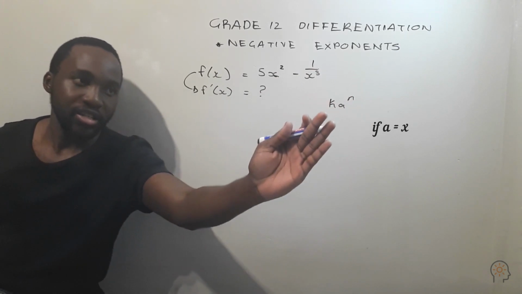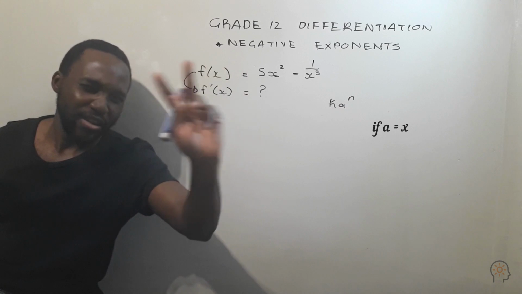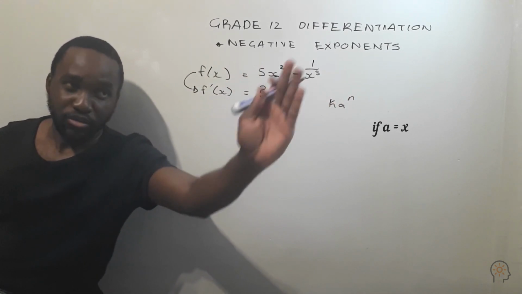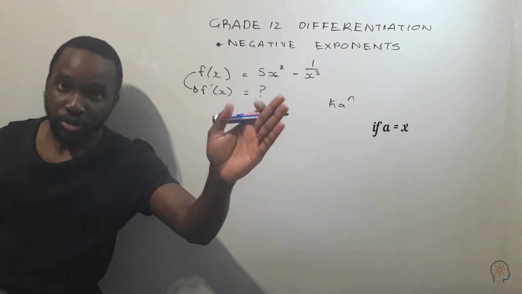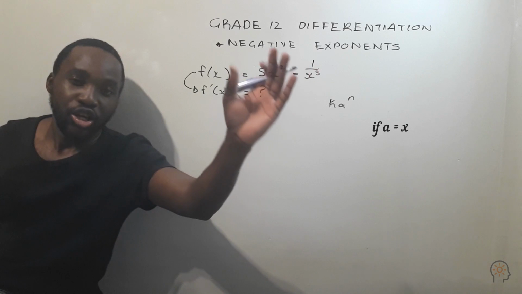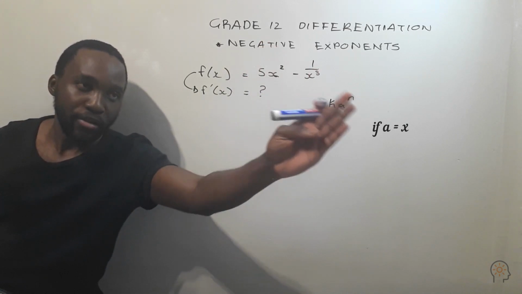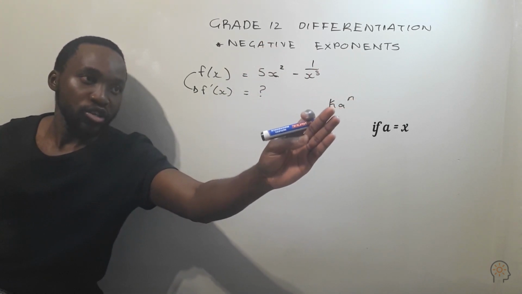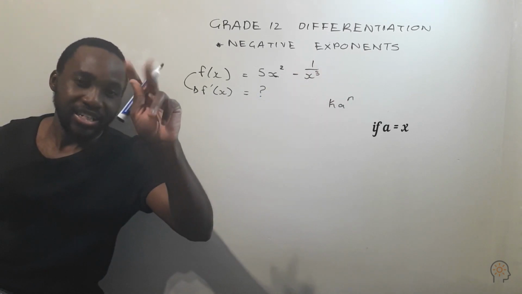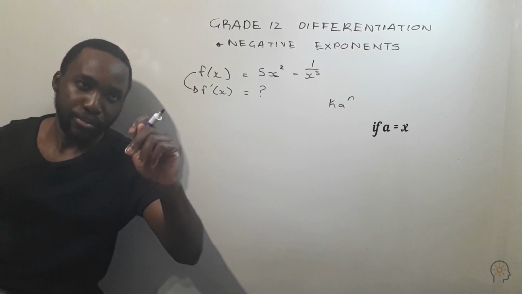We cannot clearly see a coefficient and a value for a and an exponent. That's why we are not able to differentiate this immediately, especially in grade 12. In grade 12, if you're going to differentiate expressions like this, you will need to put them in this format first. So what we're going to work on is how you go from this format to a format that is differentiable, if I can put it that way.